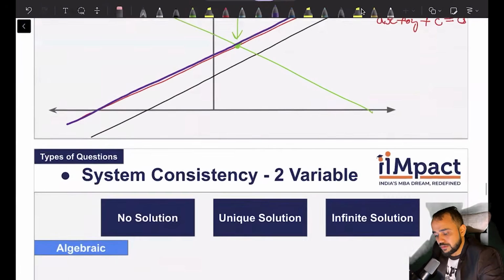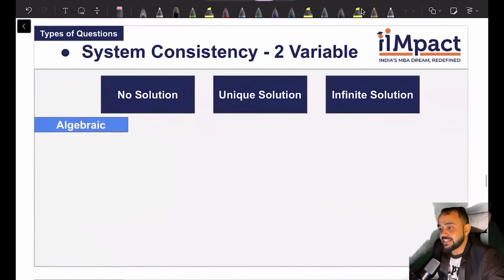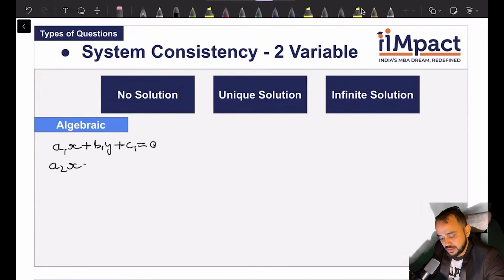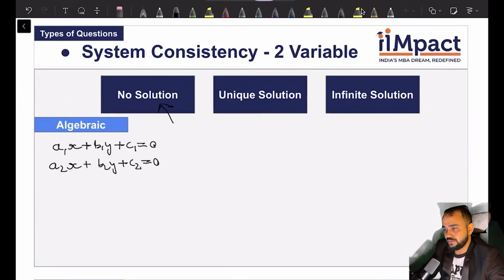For us, maybe a more relevant factor is algebraically what does that mean? For example, if I have a1x plus b1y plus c1 is equal to 0 and I have a2x plus b2y plus c2 is equal to 0. What does it mean to have no solution?